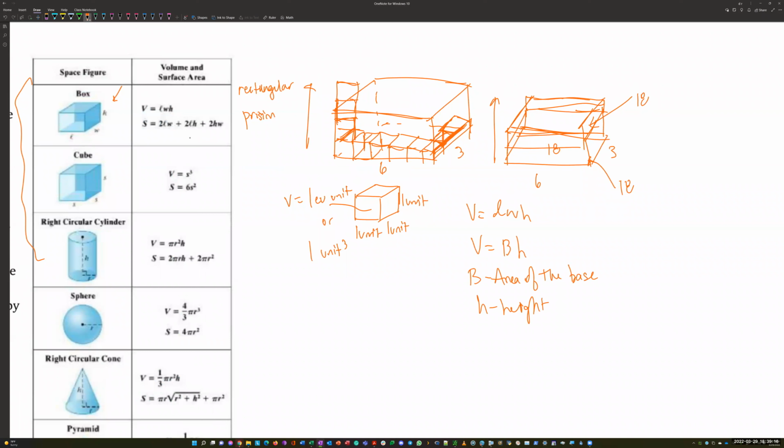So all we would have to do is the base area times the height, and that should give us the overall volume of the thing. Now, in this case, the base here has area S squared and the height is S. So therefore we get S cubed. In this case, the base area is length times width, and then there's the height. So we get length times width times height.